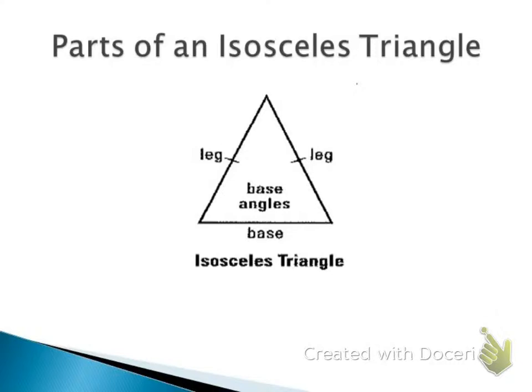So important things to notice as you're copying this down, the legs are the two sides that are congruent. So to be isosceles, two sides have to be congruent. We call those the legs. We call the other side, the not congruent side, the base.